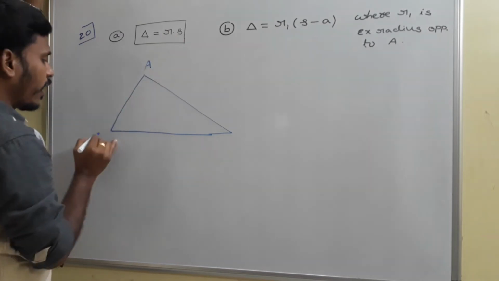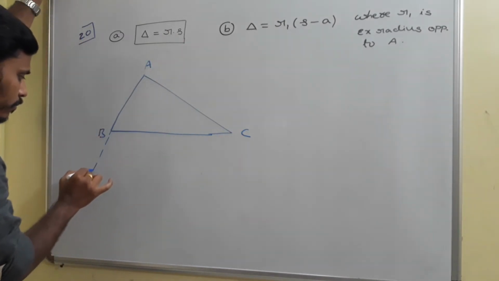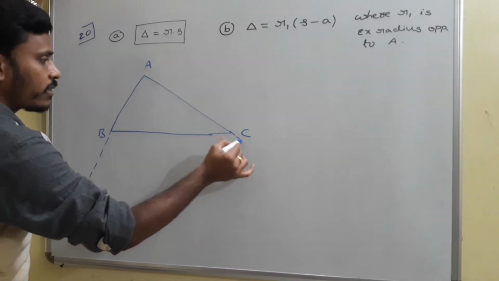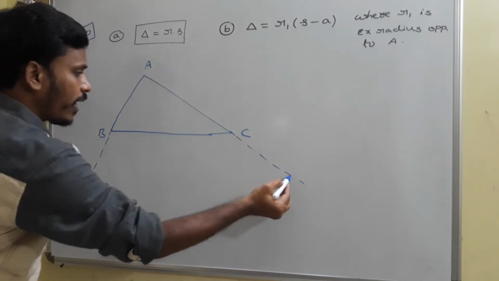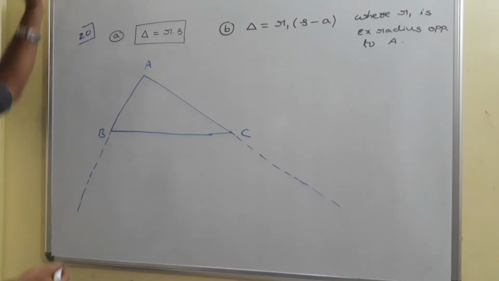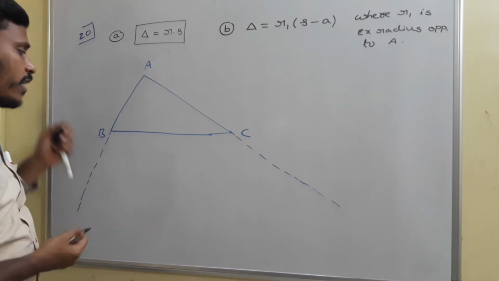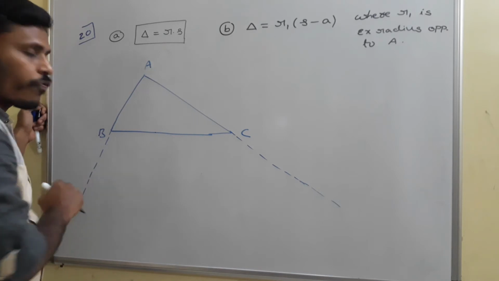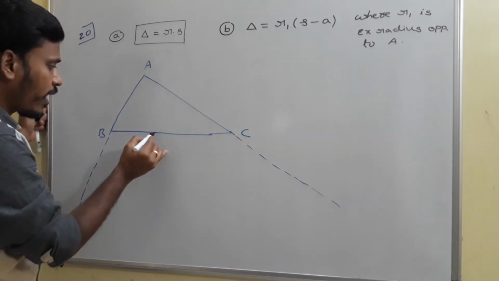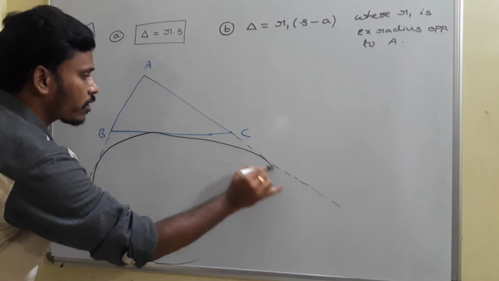If you name the triangle as ABC, extend the sides AB and AC. If you extend AB as well as AC, there is a circle which touches the 3 sides. What are the 3 sides? This side BC and the extension of side AB and the extension of side AC. So for sure there exists a circle which touches all these 3.